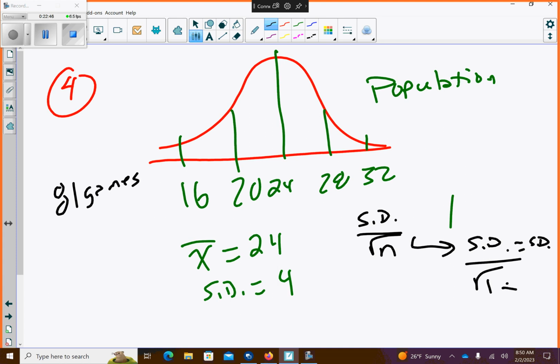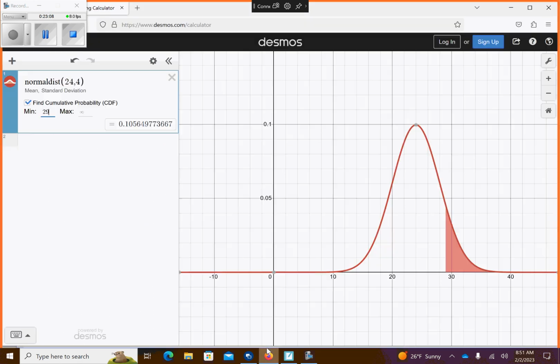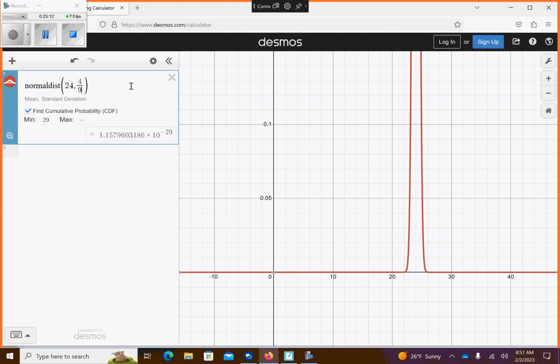Okay, so this basically is one game. Now we're going to change it to 81. So I'm going to go 4 divided by the square root of 81. The square root of 81 is 9. And so 4/9 is now my standard error. And the nice thing is Desmos is going to allow us to use 4/9 as our standard error. So if I go back into Desmos, I'm going to change this 4. I'm going to go 4 divided by 9. Okay.